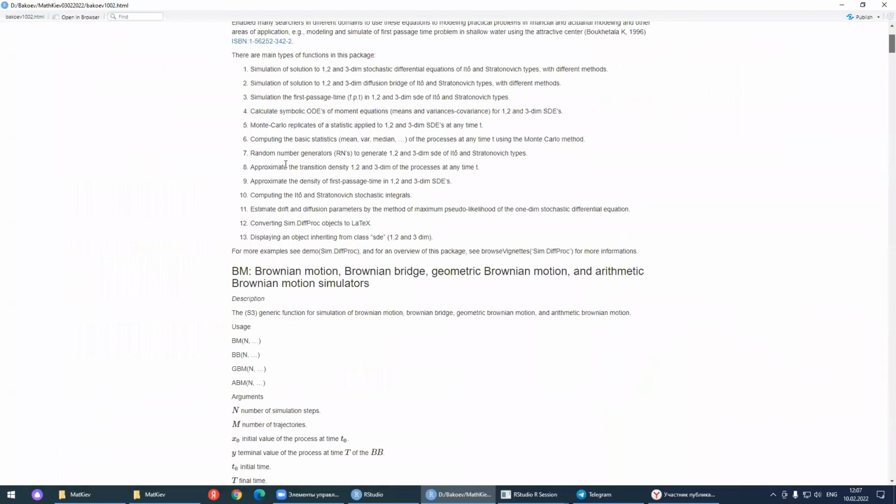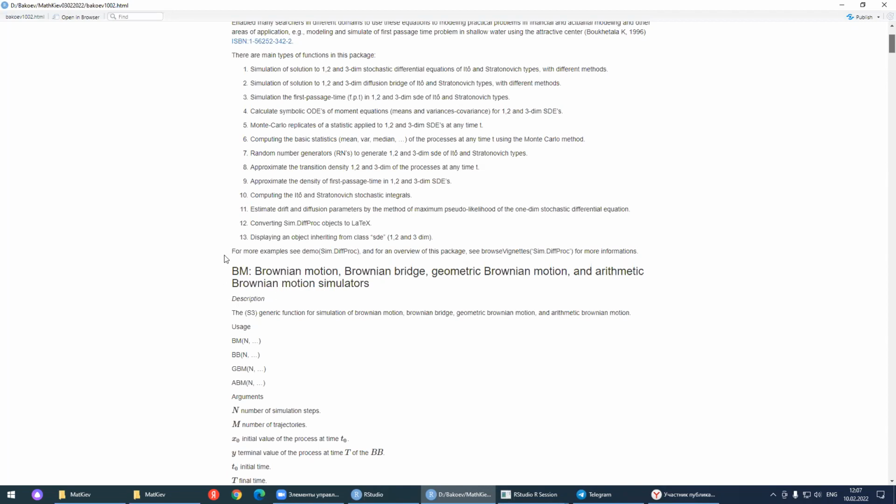Okay, let's start. I will start with the simplest things, and then go a little bit more step by step to the general stochastic differential equation. BM, Brownian motion, Brownian bridge, geometric Brownian motion, and arithmetic Brownian motion simulators.